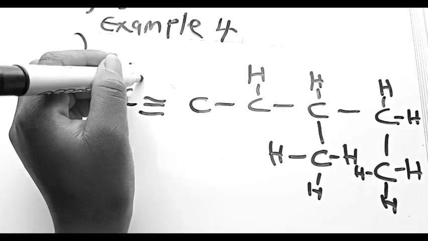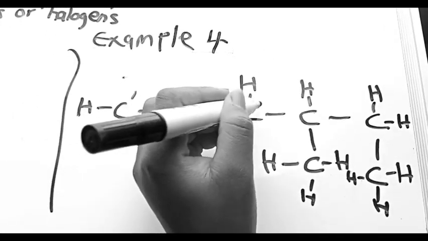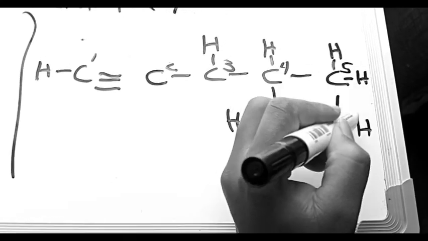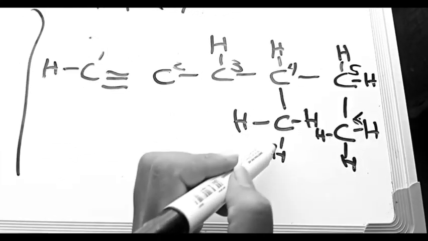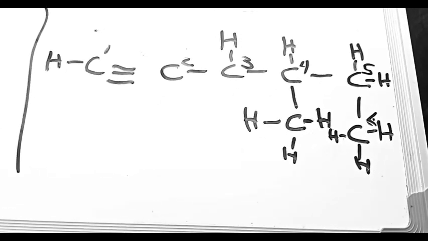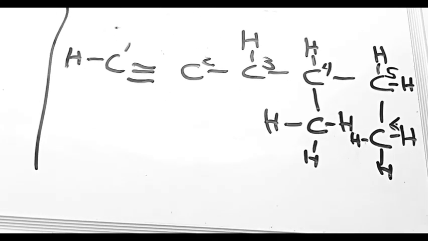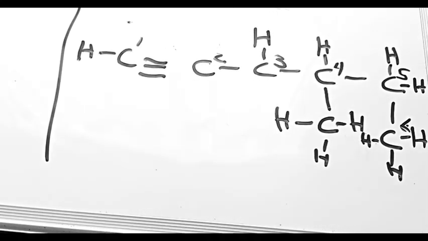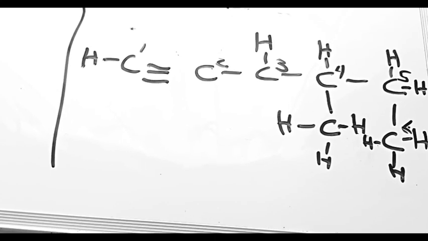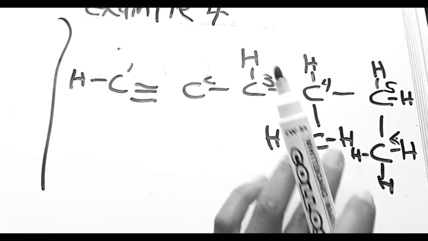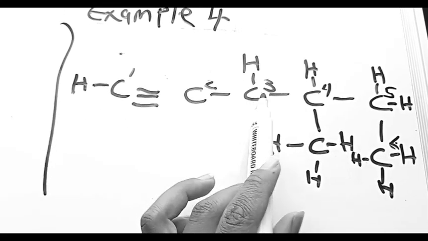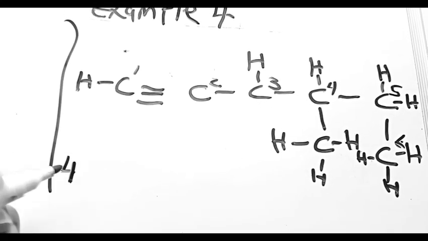You can write it out as 1, 2, 3, 4, 5, 6. As you can see, we have our branch, right? That carbon that is not included in our longest main chain. So on which carbon is our alkyl group bonded? It's 1, 2, 3, 4. It's 4.